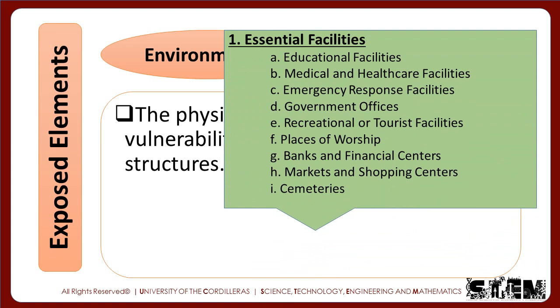When a disaster strikes that place, these could be exposed, like educational facilities, our schools, medical and healthcare facilities, our hospitals, emergency response facilities, like our fire stations, government offices, recreational or tourist facilities, our parks, places of worship or churches, banks and financial centers, markets and shopping areas, and also cemeteries.